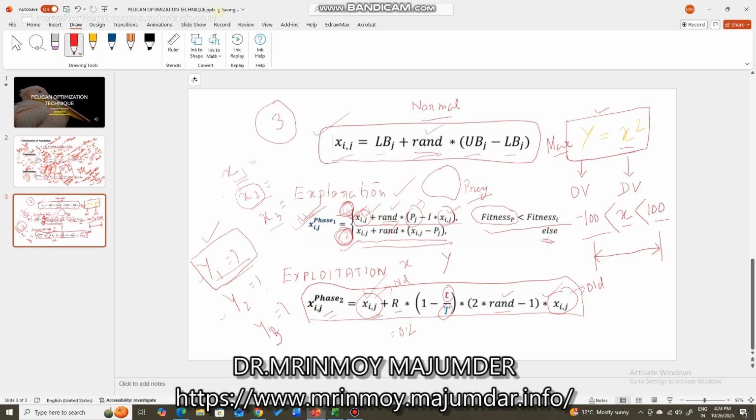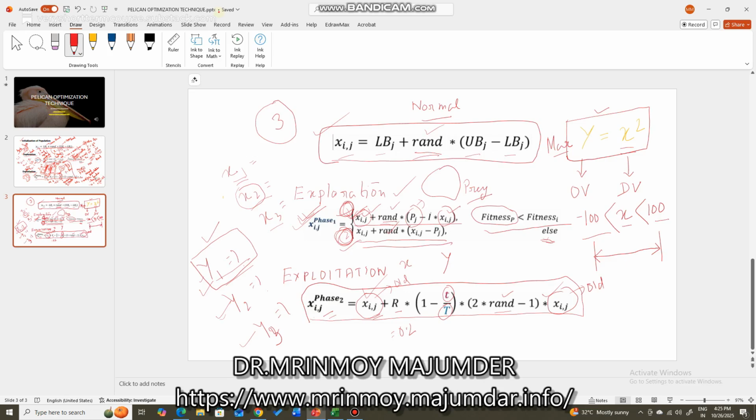Simple. So after this exploitation you have 3 new values of x for the 3 agents, and accordingly you again find y for the three agents. Compare: the agent with the maximum value of y wins, so that is the optimal y, and the corresponding x is the optimal value of x for which y will be optimal.